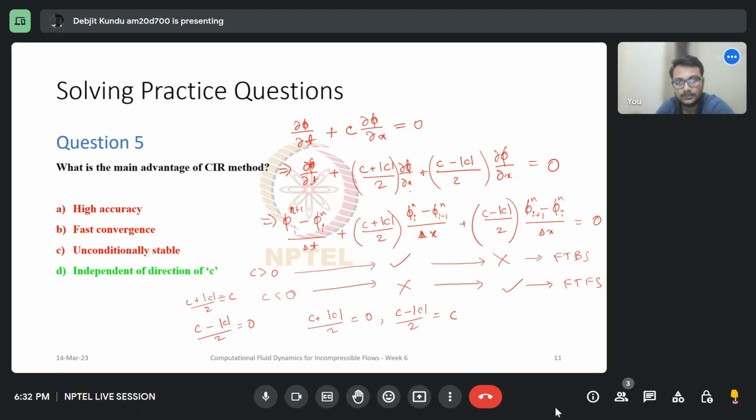You can discretize the entire domain in this way, and you can have different directions of C at different points of the domain as well. The scheme is formulated in such a way that a proper FTBS or FTFS would be formulated at different points in an appropriate manner. And finally, we will get the correct solution. So this is the main advantage of the CIR method.